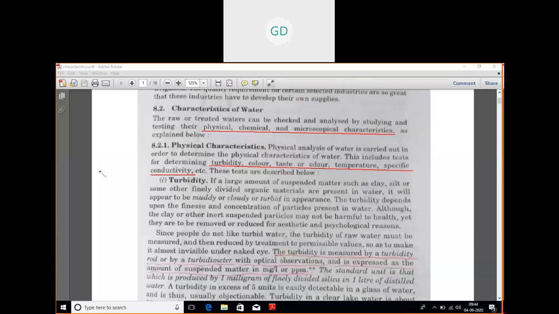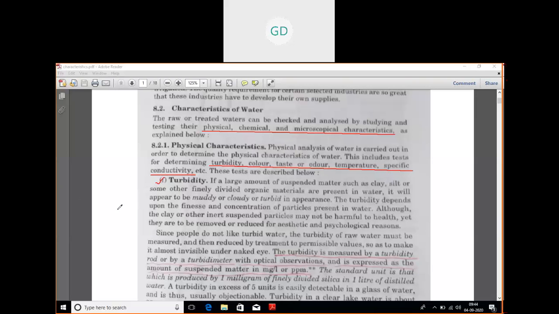First we will learn about turbidity. So what is turbidity?